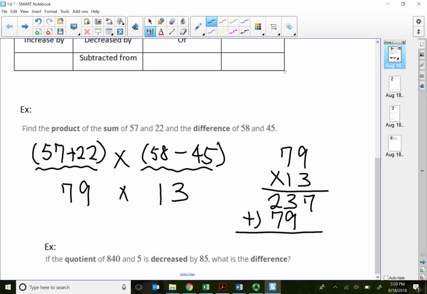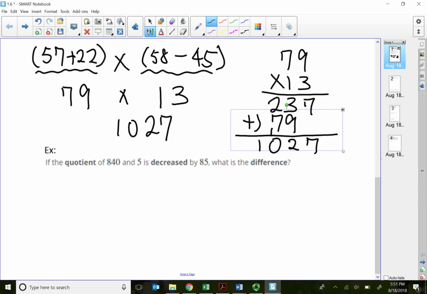Addition, we will add them up, so we get 7. 3 plus 9 will be 12. Carry 1. 2 plus 7 plus 1 is 10. So my final answer is 1027. All right, let's try another one.